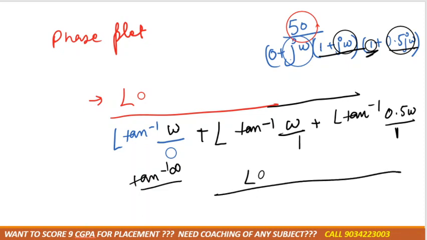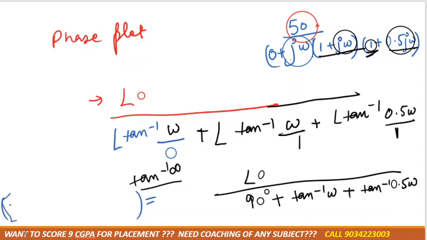Tan inverse infinity is 90 degrees. So it's 90 degrees plus tan inverse omega plus tan inverse 0.5 omega, right? Now if we want to shift it to the numerator side, can you tell me what would be the final value for this?